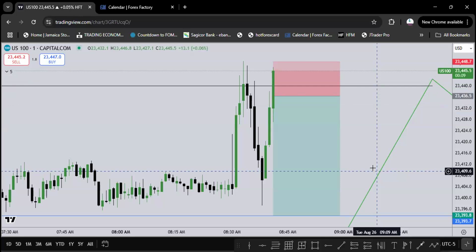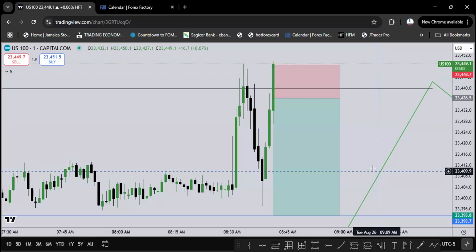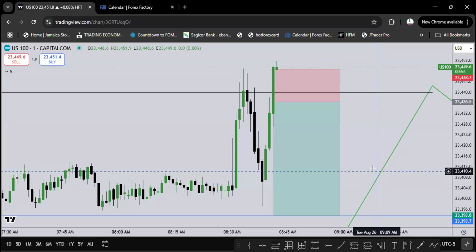Nasdaq is not blocking me. All right. Well, this is better. Okay, so now I have a decent entry. I want to see a nice close so I can squeeze in one more.